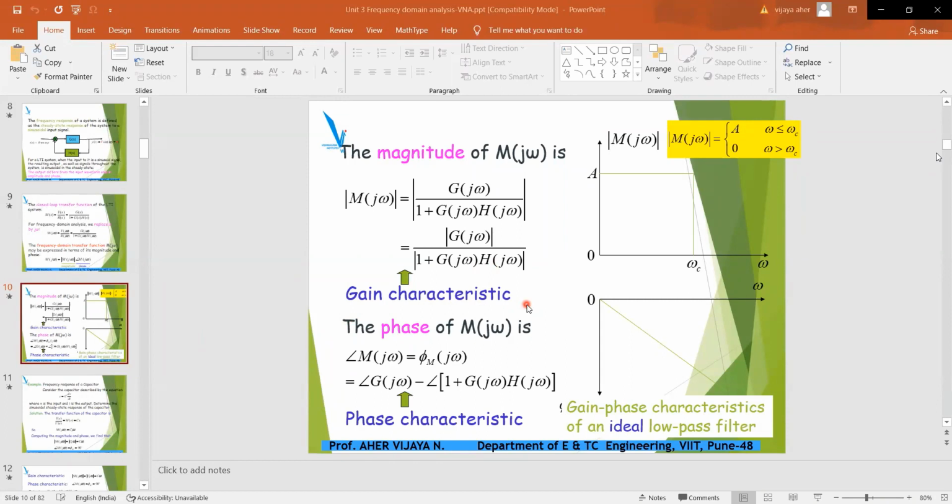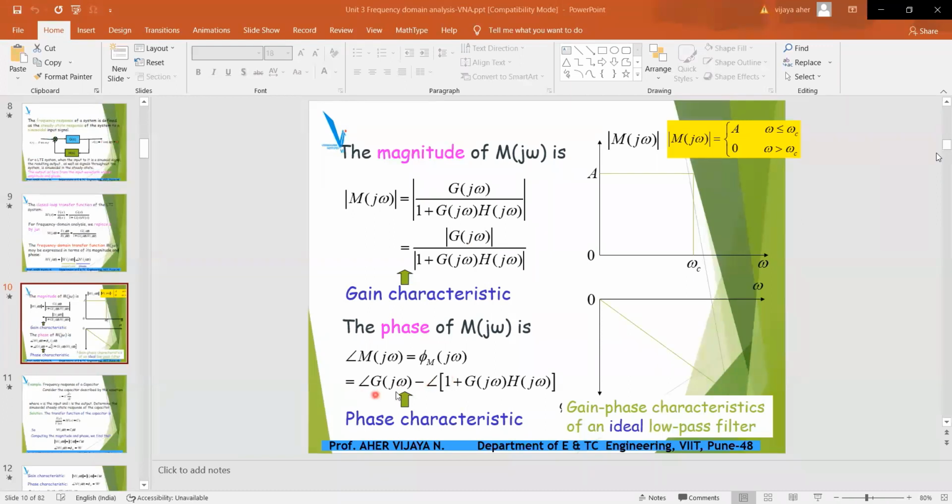Now let us talk about phase, the second part. You can calculate the phase of this M(jω), which is equal to angle M(jω), equal to phi M(jω). While taking the angle of this, you can write angle of G(jω) divided by the term, you are going to take minus.